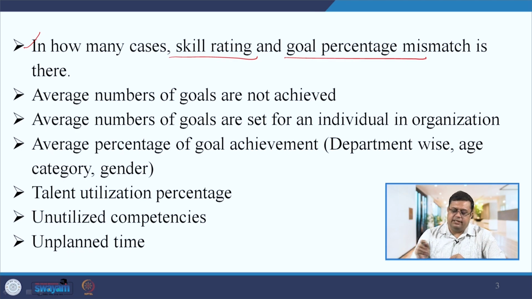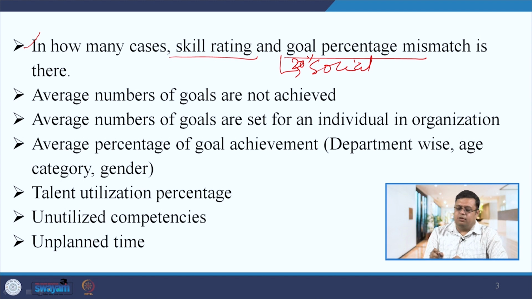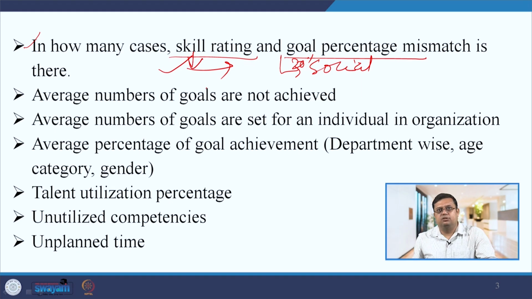I gave you the example of 20 posts on social media. That person should know something about social media. So, whether that person has skill awareness about social media, and whether the skill rating after the performance appraisal is very high, regarding awareness about social media.